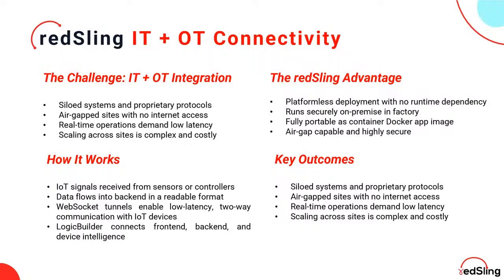It really works well in these scenarios where you are able to connect IT and OT systems very easily, connected to AI models, the front end and back end, and devices are speaking to one another. The platformless deployment works really well where connectivity is required between IT and OT and in manufacturing settings. And one of those is the AI bin picking solution, which we are going to dive into.